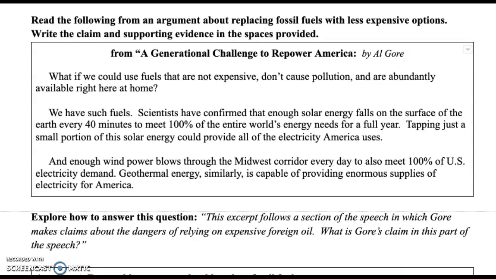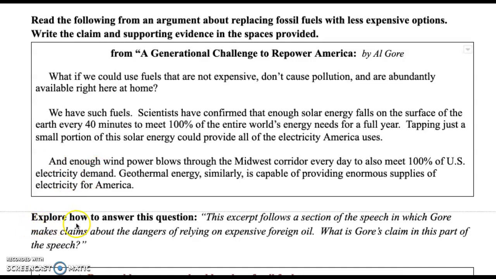Tapping just a small portion of this solar energy would provide all of the electricity America uses. And enough wind power blows through the Midwest corridor every day to also meet 100% of U.S. electricity demand. Geothermal energy, similarly, is capable of providing enormous supplies of electricity for America.